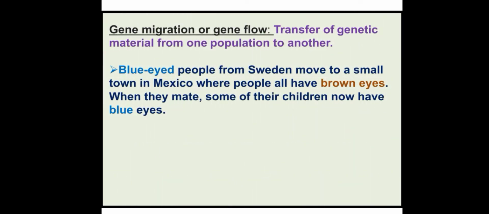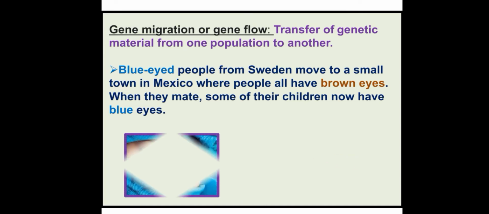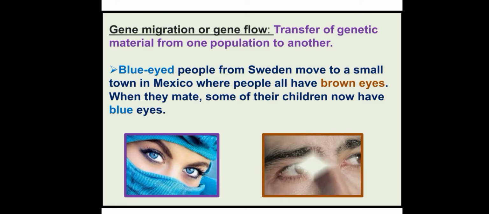First, let's understand what is gene migration or gene flow. Transfer of genetic material from one population to another population is known as gene migration or gene flow. Let's see a few examples. Blue-eyed people from Sweden moved to a small town in Mexico where people all have brown eyes.